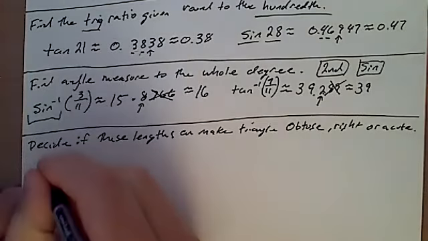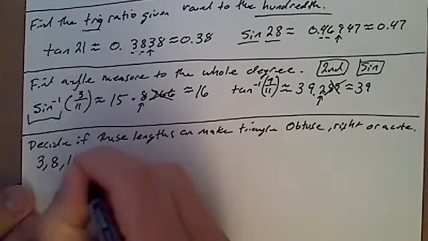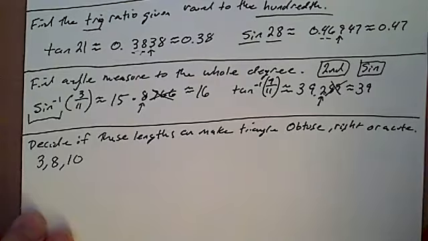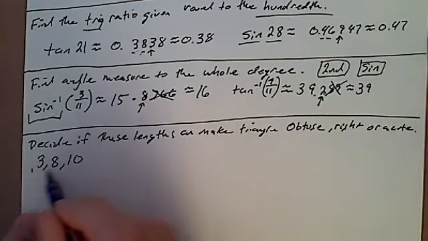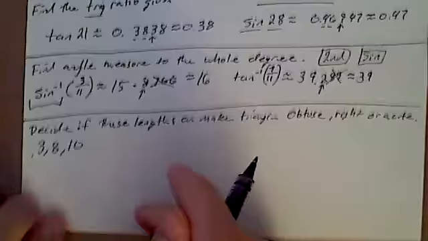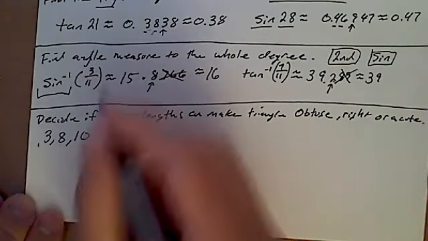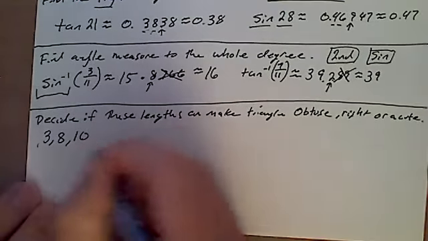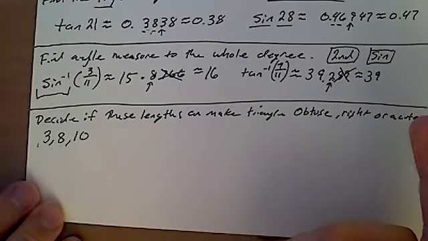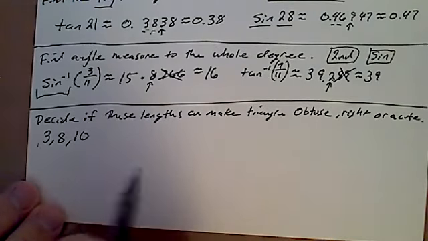So we'll look at three sides, 3, 8, and 10. So first question, can you make a triangle? Yes, because 3 plus 8 is 11. 11 is bigger than 10, right? So is this triangle obtuse, right, or acute? We plug it into basically the Pythagorean theorem, except that the Pythagorean theorem is only true for a right triangle.